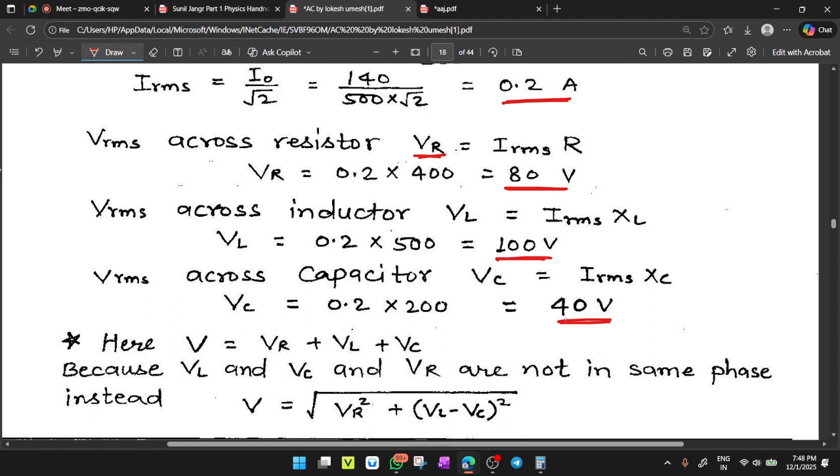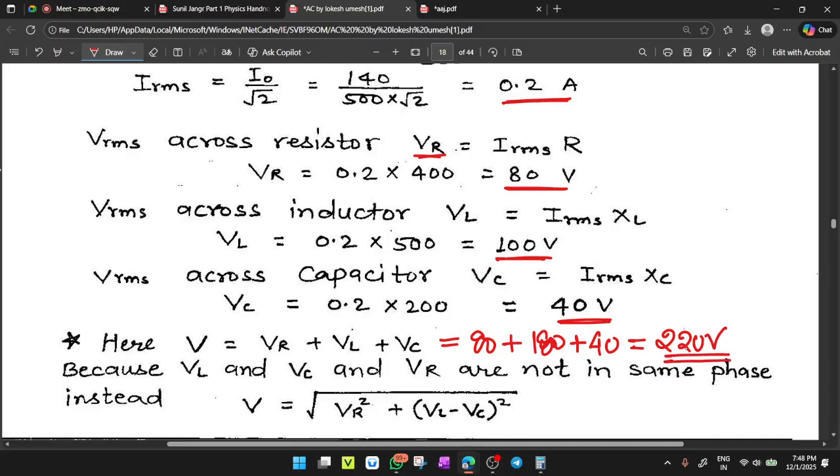Clear or not? If you add them all, VL, VR and VC add up to 220 volt. Yes or no? So it equals 80 plus 100 plus 40, which is 220 volt.